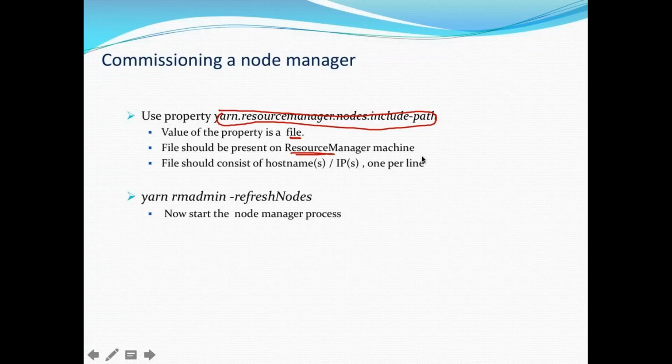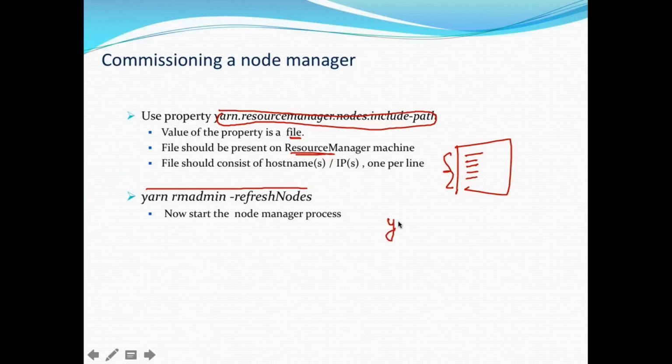You provide IP addresses, one per line, and then you run the command yarn rmadmin -refreshNodes, so that the resource manager knows the list of IP addresses, or the list of node managers, that can become part of the cluster and contact the resource manager.